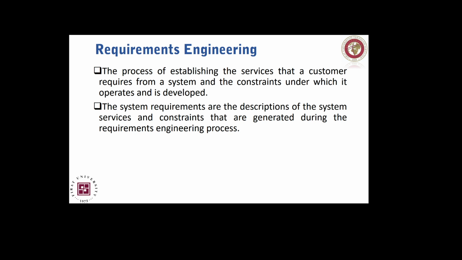We need to think about what kind of description of the software system we are meant to deliver to the user, plus the constraints under which the software will be operated and also developed. Essentially, the system requirements are a description of the services and constraints.